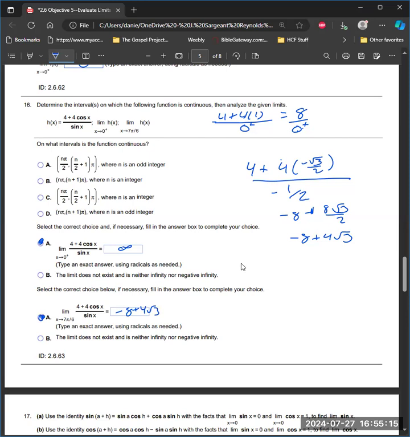And again, what's the domain here for this? Sine is not allowed to be n pi or n plus 1 pi. There we go. That's it.